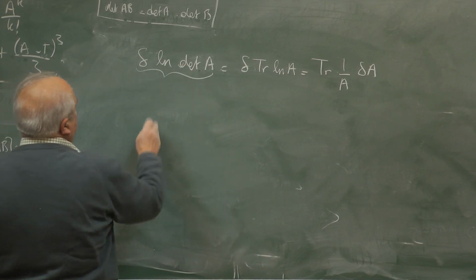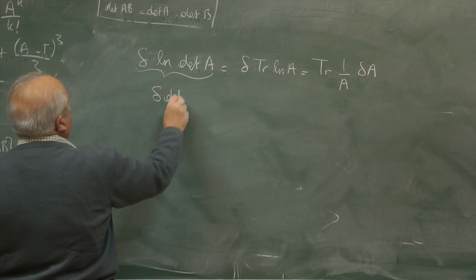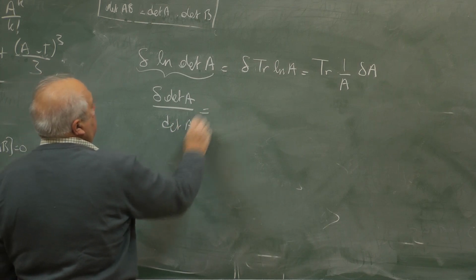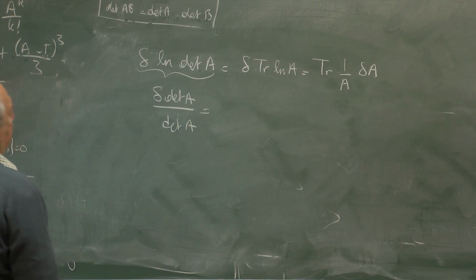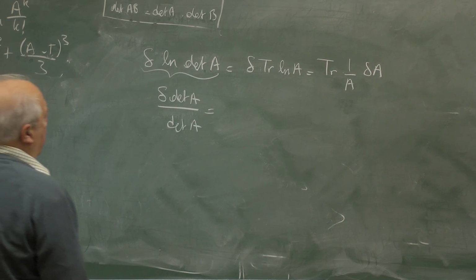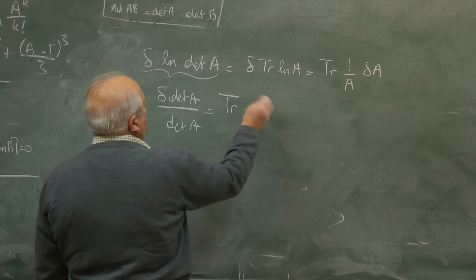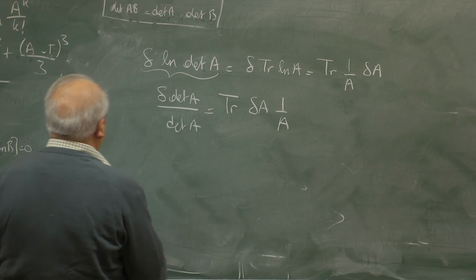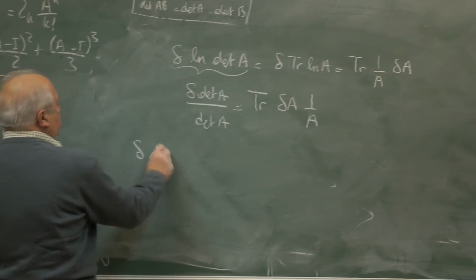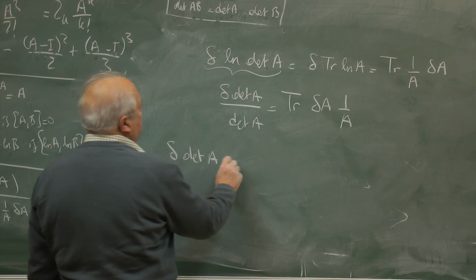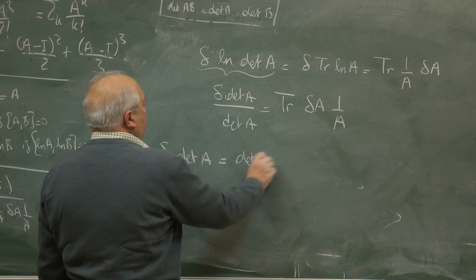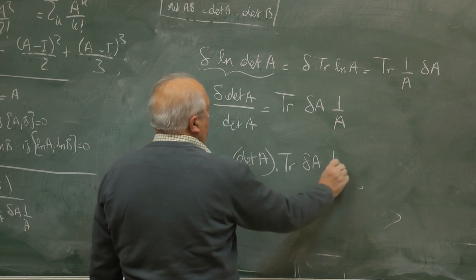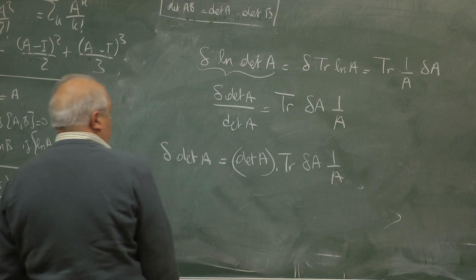This is a number, therefore delta determinant A divided by determinant A is equal to trace, let me take it to here, delta A 1 over A. Or if you vary the determinant A, this is equal to determinant A trace delta A 1 over A. All right.